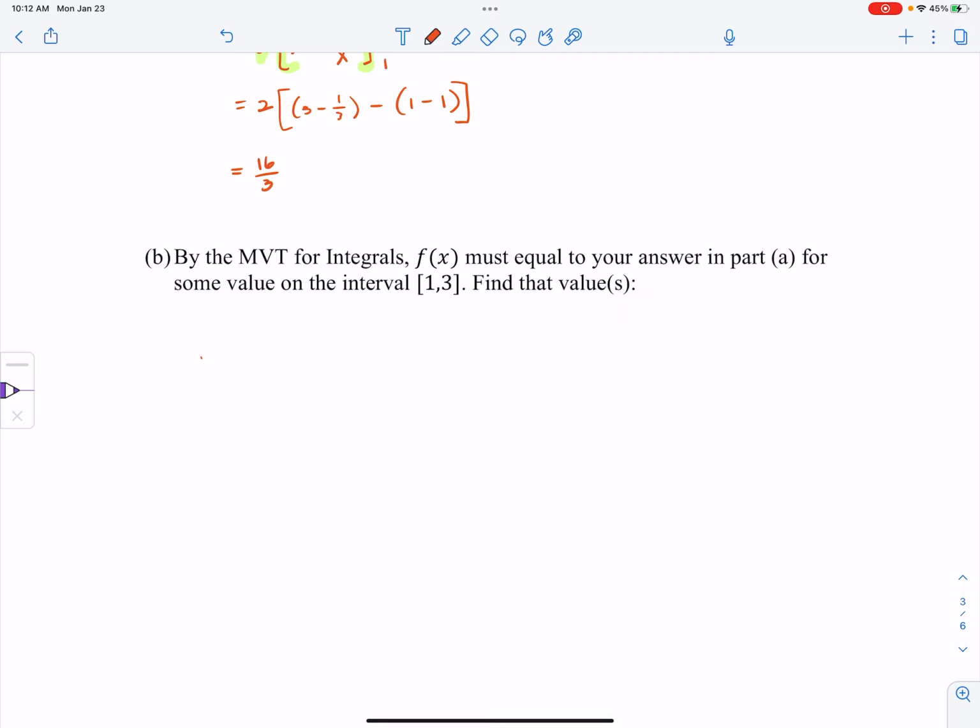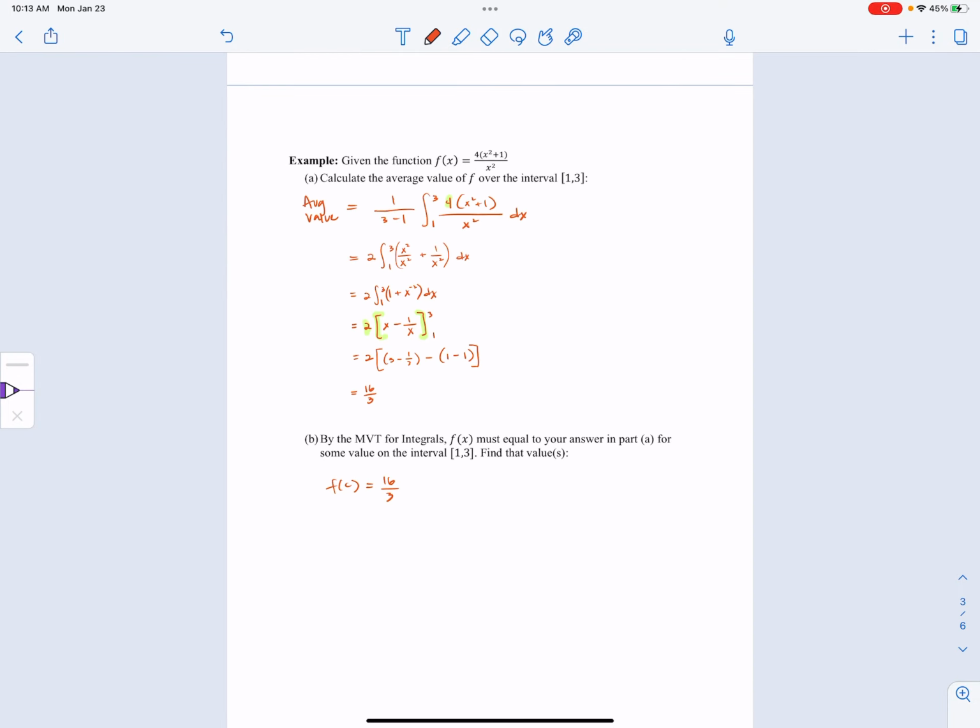So we know that f of c will be equal to 16/3. So we want to set our function, 4 times the quantity c squared plus 1 divided by c squared, equal to 16/3, right?